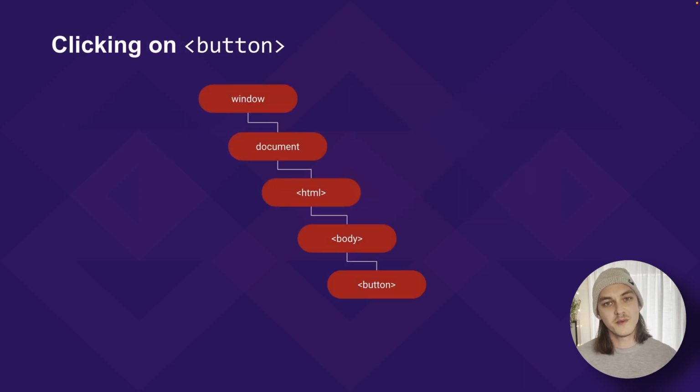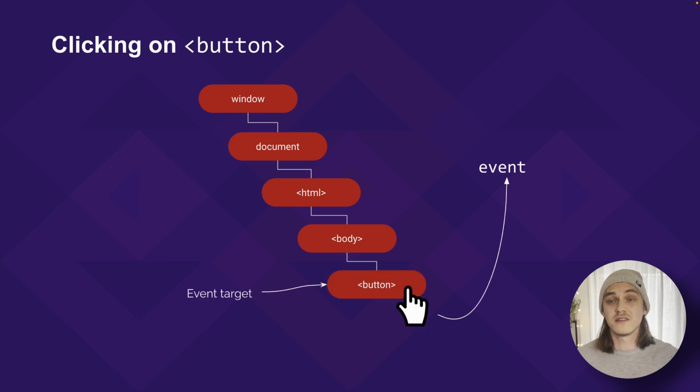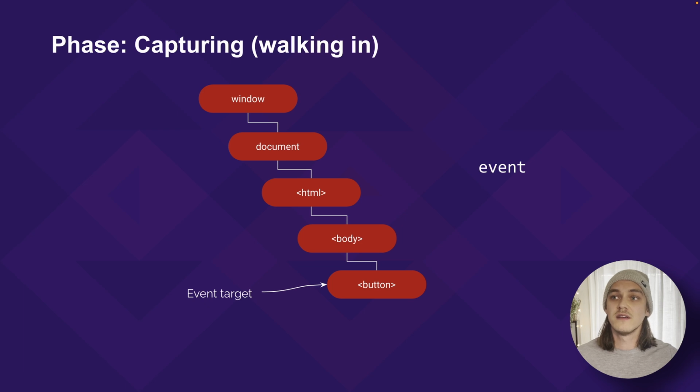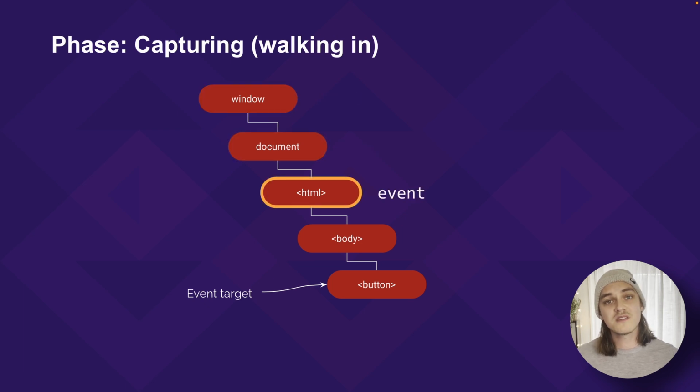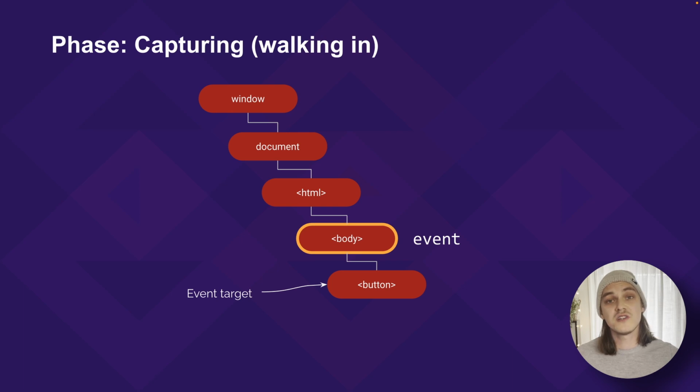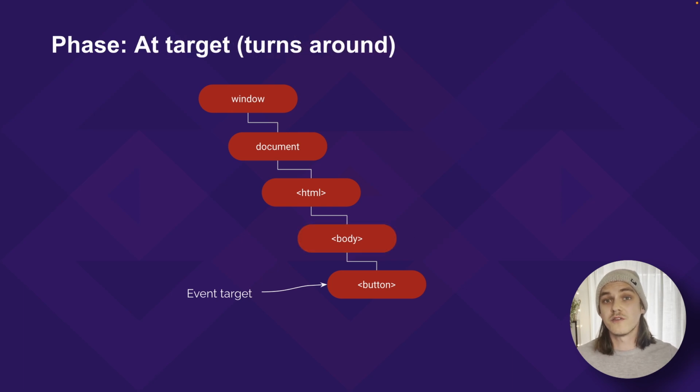So with this new information, we can now go back to the previous example of clicking the button. We have the event target as well as the event object, and this is the point where the event propagation system starts by entering the capturing phase or the walking in phase. And we will see that the event object will pass through every single element before reaching the target, whereby it will transition to another phase called the at target phase or the turning around phase.